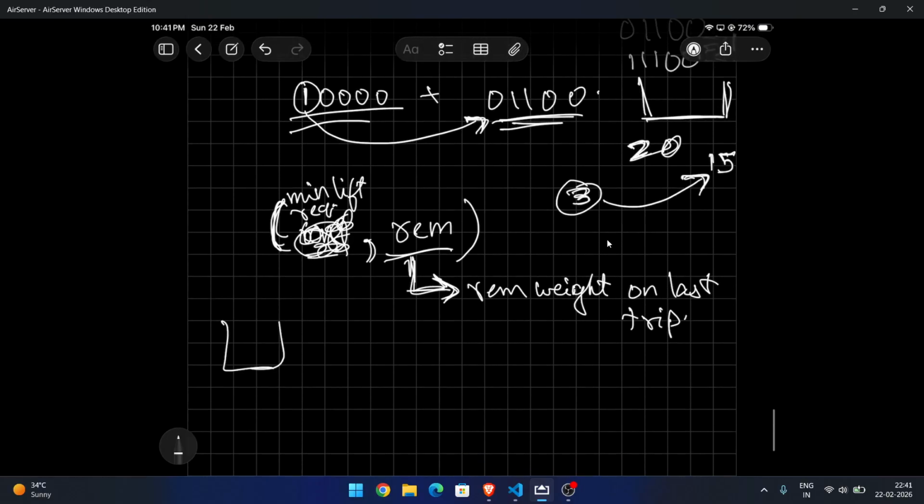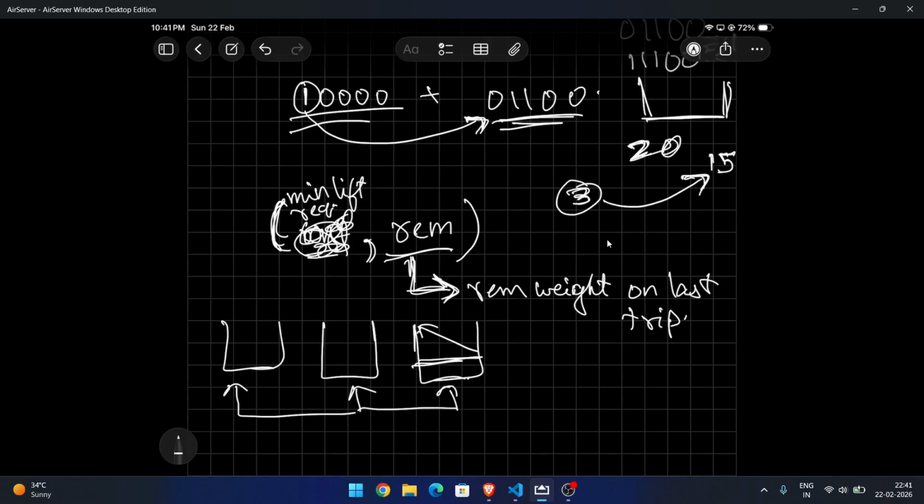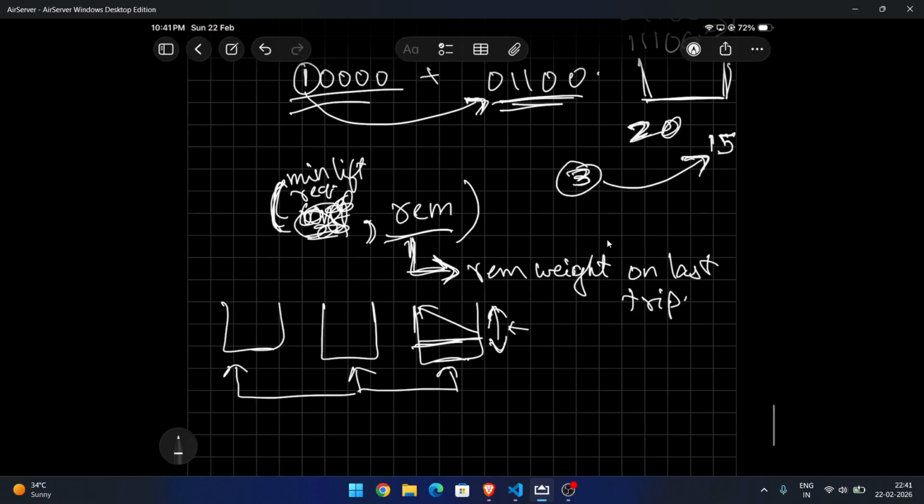Means if we have fully filled two lifts and the minimum lifts required was 3, what we want to know is the weight remaining, because the third lift can be partially filled also, no? So we want the remaining weight of the last lift.